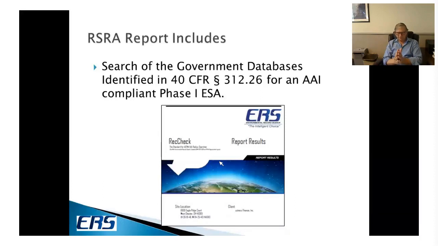ERS doesn't do Phase 1. But the rec check report within the RSRA is exactly the same radius search report that the Phase 1 company is going to get and pay for anyway. You should get a discount on your Phase 1s, and they can use this rec check report. There's no reason they can't.